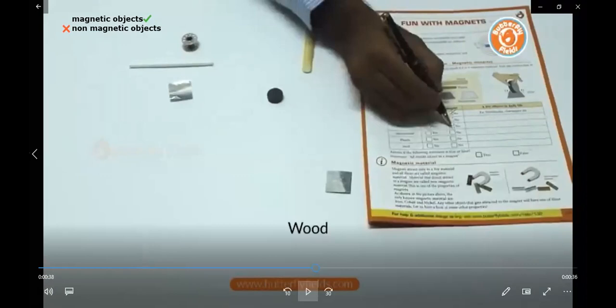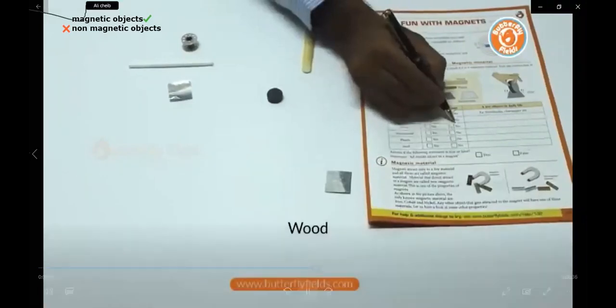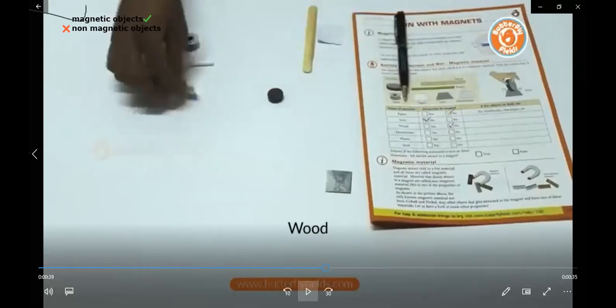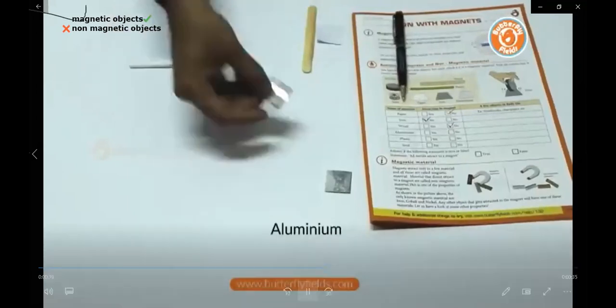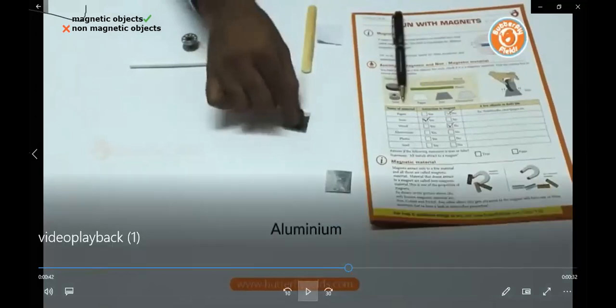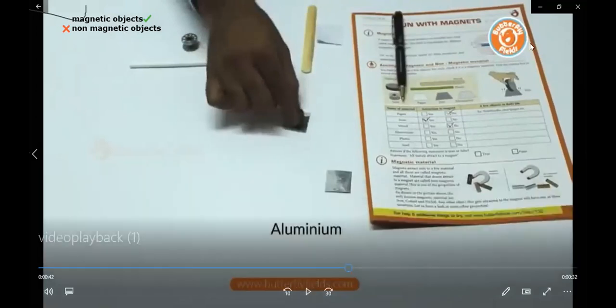Non-magnetic. Bravo. Yalla Fatima Bitar, we have now the aluminum. Aluminum is a kind of metal. Let's see if this metal is attracted by a magnet.